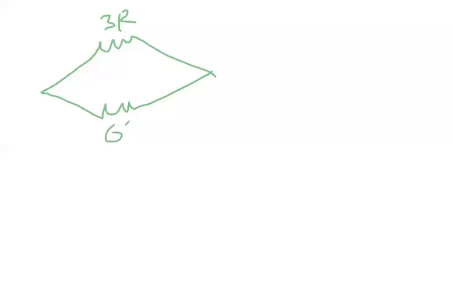Let us see one more thing here. Here they have given one resistance like this. This is 3R and this is 6R, and again 3R and 6R, and this is again 3R.